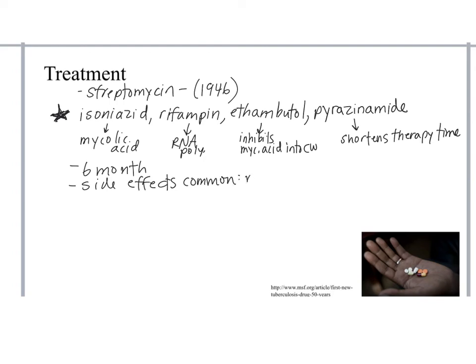Things like nausea, headache, tiredness, rash. Okay, so think about experiencing those things for months, month after month after month. It's no wonder that people, once they start feeling a little bit better, quit taking their drugs. It's part of the reason we've got such a problem with resistance now.